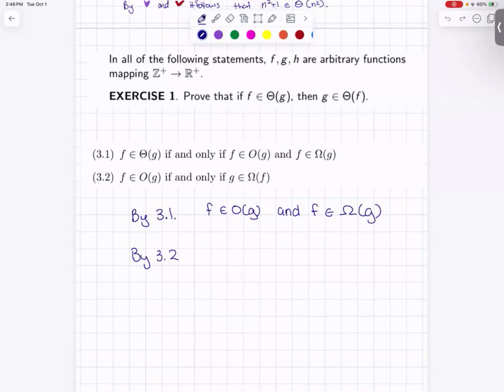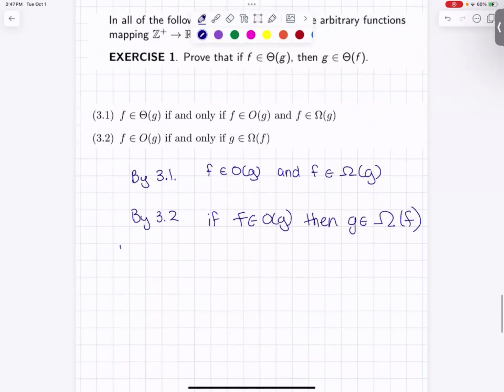So if we are going to believe that f is in big O of g, then g must be in big omega of f.